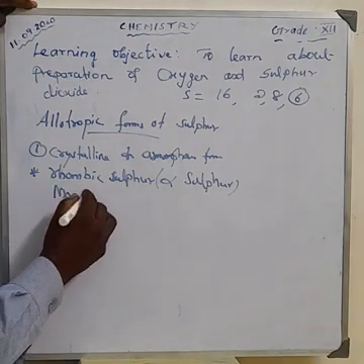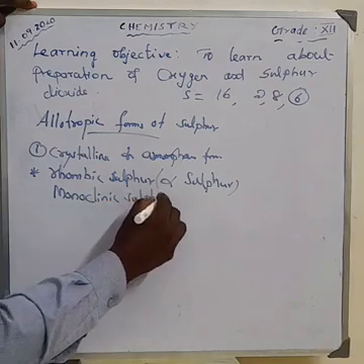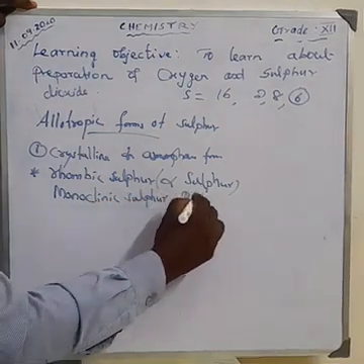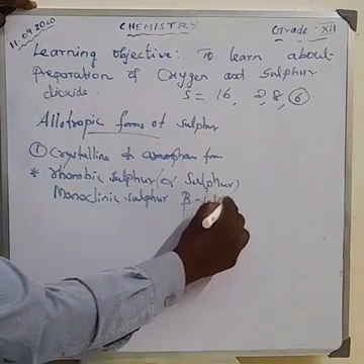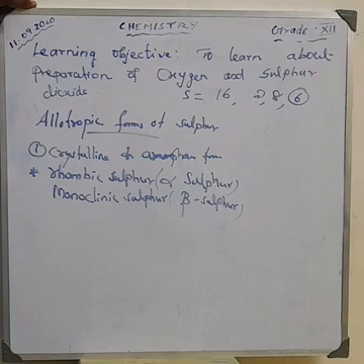So the crystalline form includes rhombic sulfur and monoclinic sulfur. The rhombic sulfur is called alpha sulfur and the monoclinic sulfur is called beta sulfur.